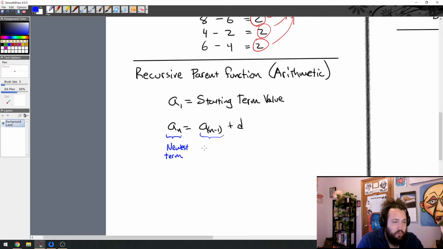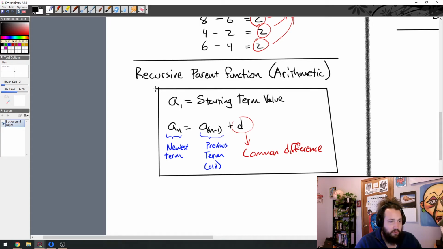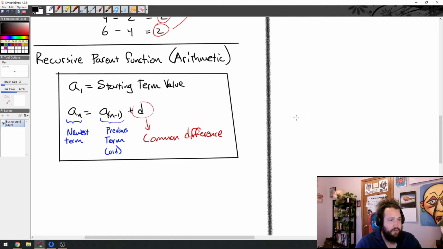AN minus 1 is the previous term, and I call that my old term. And then this D right here is my common difference. The only difference between the recursive parent function for arithmetic sequences and for geometric is this common difference, everything else is the same.